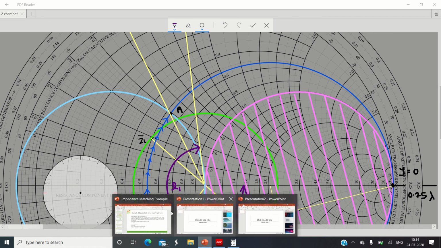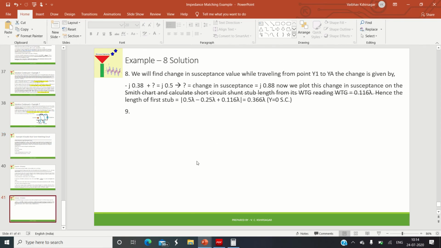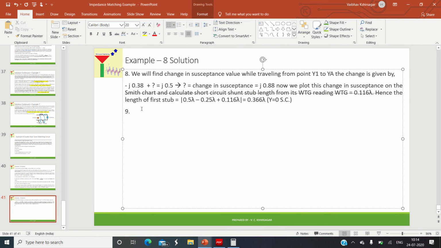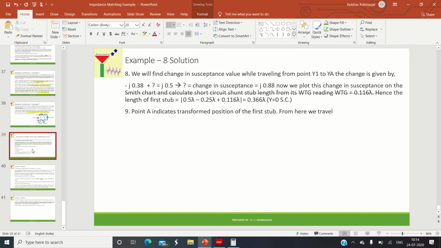So here I will write: point A indicates the transformed position of the first stub. From here, how much distance do we travel to reach the position of the second stub?